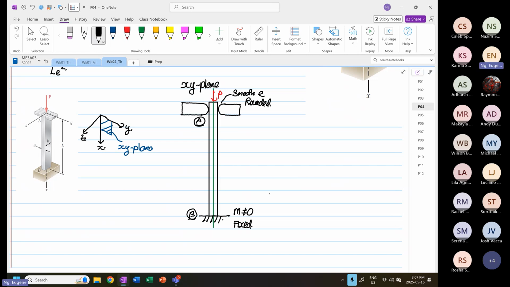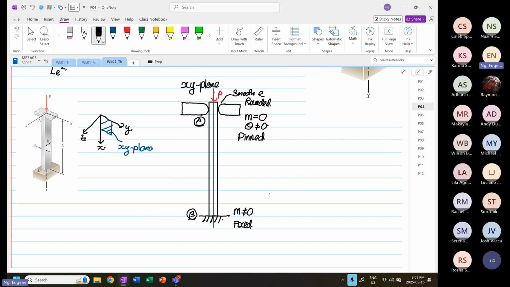On the other hand, when it says smooth and rounded, we know M is equal to 0. When M is equal to 0, theta is not equal to 0. So this end is as good as pinned.